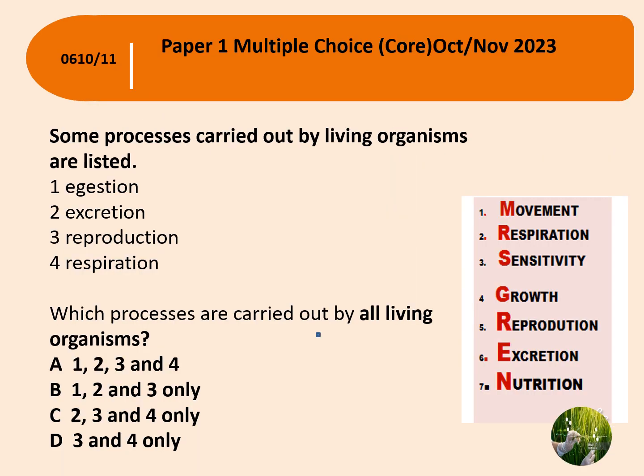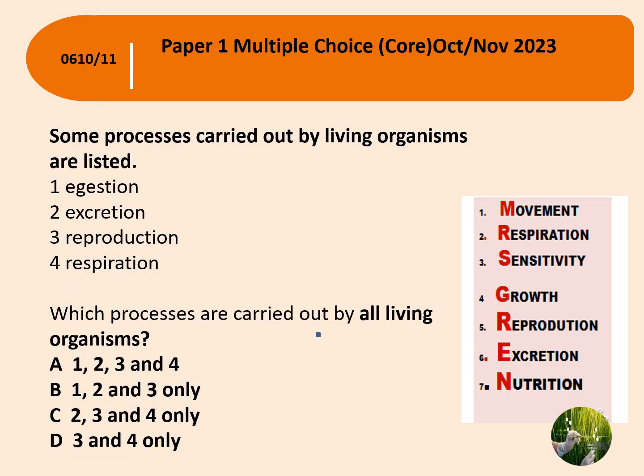Multiple choice question. October, November 2023. Some processes carried out by living organisms are listed. 1. Egestion. 2. Excretion. 3. Reproduction. 4. Respiration. Which processes are carried out by all living organisms?